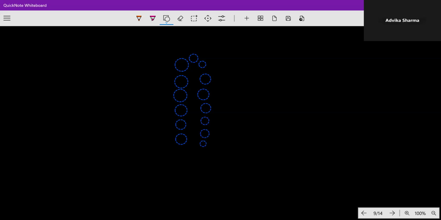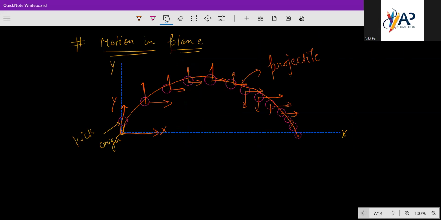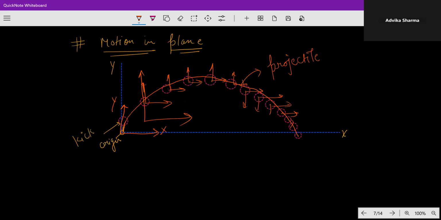See first this motion. The wall is moving in the y-axis also, even the x-axis also. You can see first the velocity is continuously increasing.